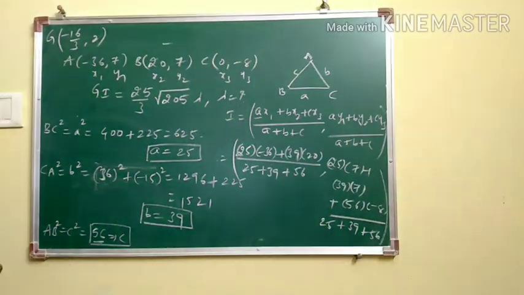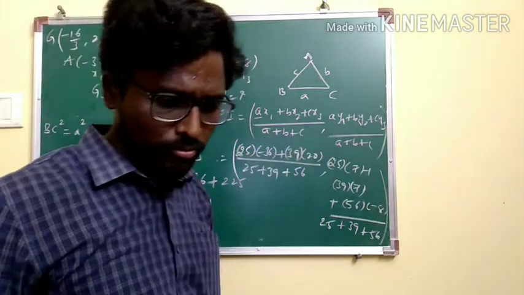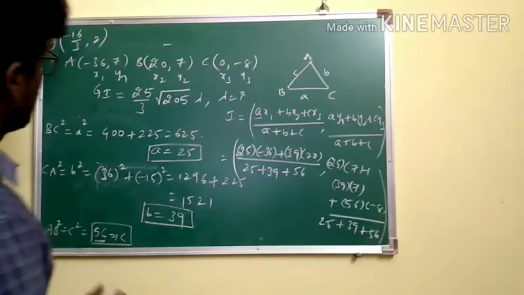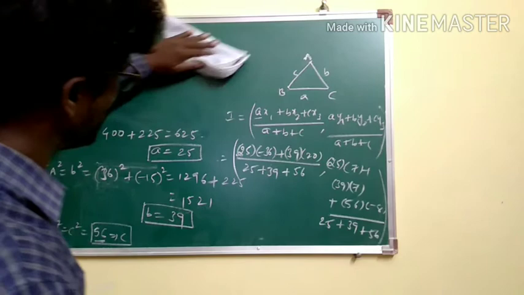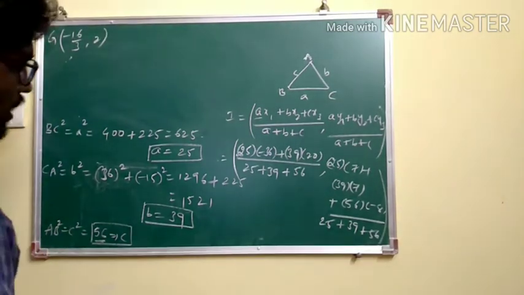See how carefully we are supposed to be there. We are having very large values. That's the reason I have been telling you time and again that please be careful in doing such kind of applications, coordinate geometry problems. I am erasing this part.